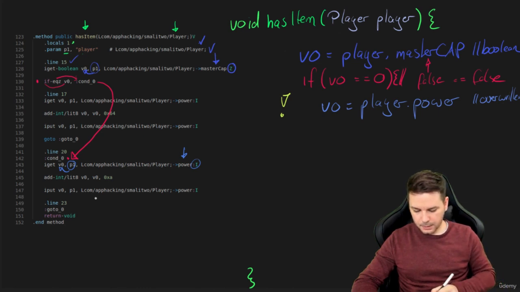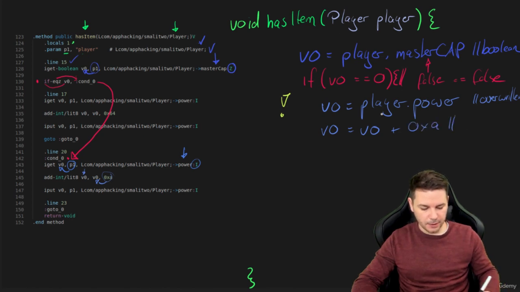Okay, then we are adding int 0xa, which is 10. Oh, that's sad. So we are not adding more than 10. So we are not having our super bonus level. We add this to V0 and we store this back to V0. So V0 is V0 plus 10.